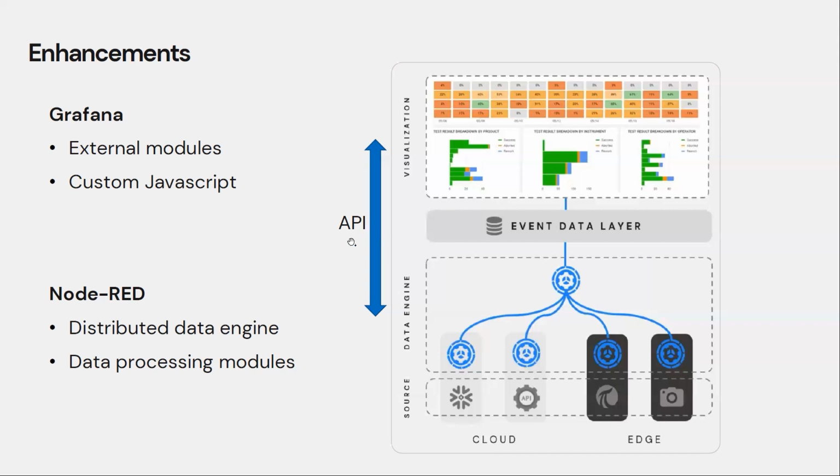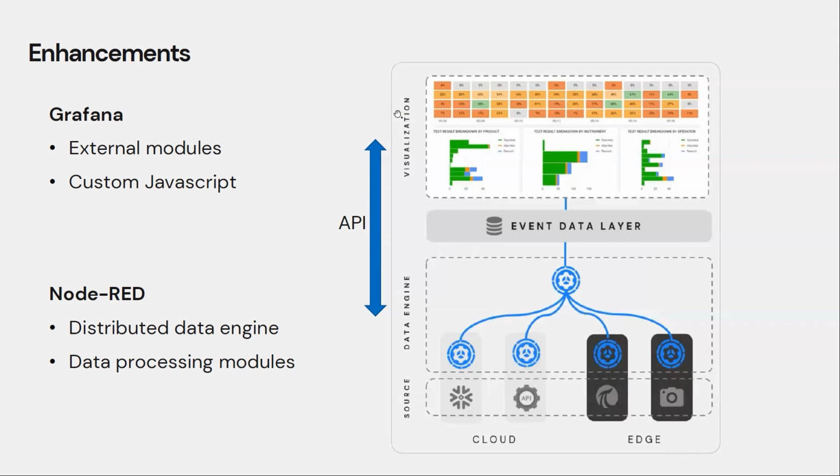Another addition is using an API to link Grafana and Node-RED together. This is because as soon as you start to have interactive components inside Grafana, you need APIs to send the user inputs to something to process the commands, right? And that something is perfectly done by Node-RED.